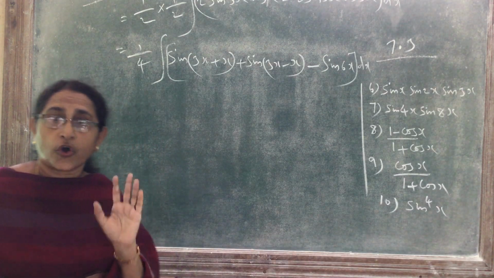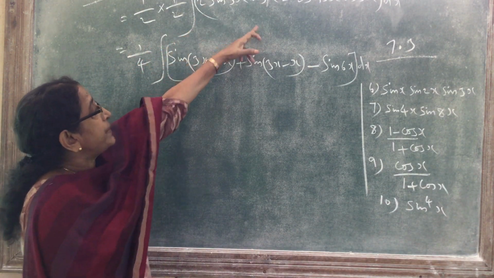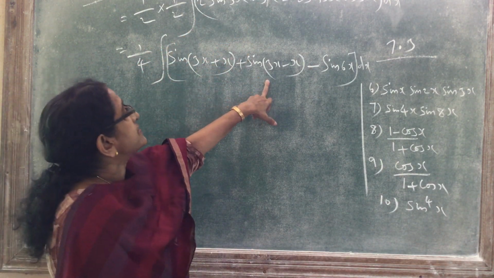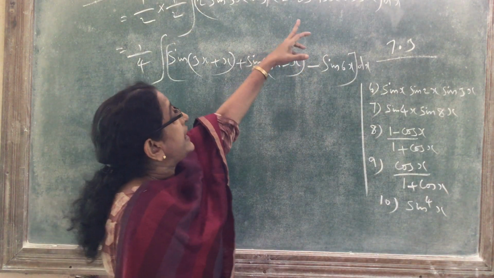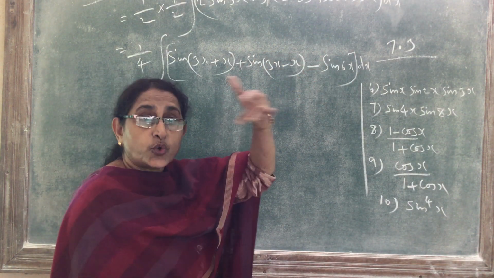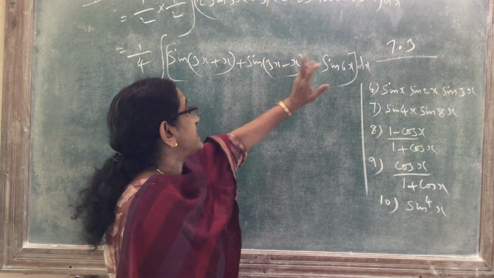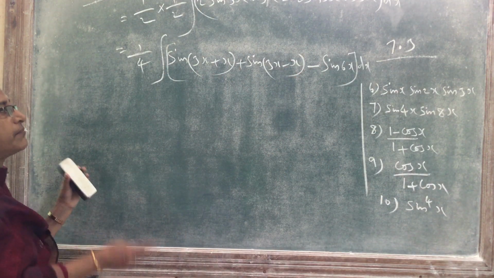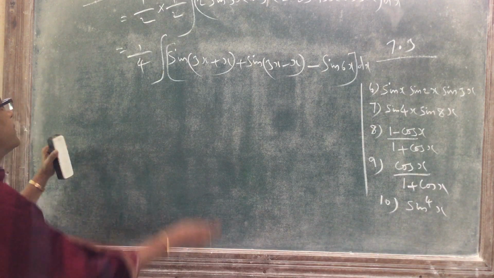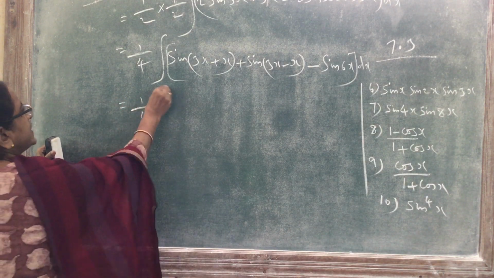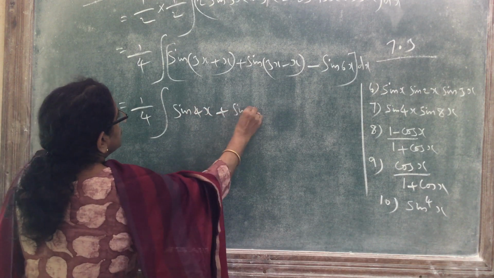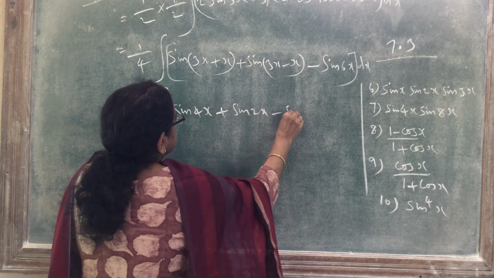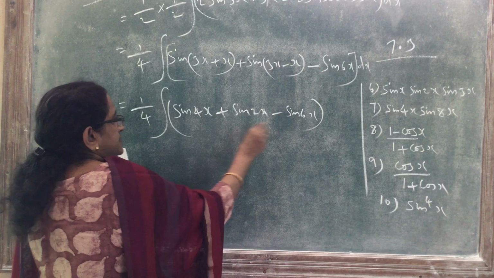So we use two formulas: 2 sin a cos b equals sin a plus b plus sin a minus b, and 2 sin a cos a equals sin 2a, where a is 3x here, so sin 2a is sin 6x. Now we can simplify and write the integral directly, no problem. So 1 by 4 into integral of sin 4x plus sin 2x minus sin 6x dx.